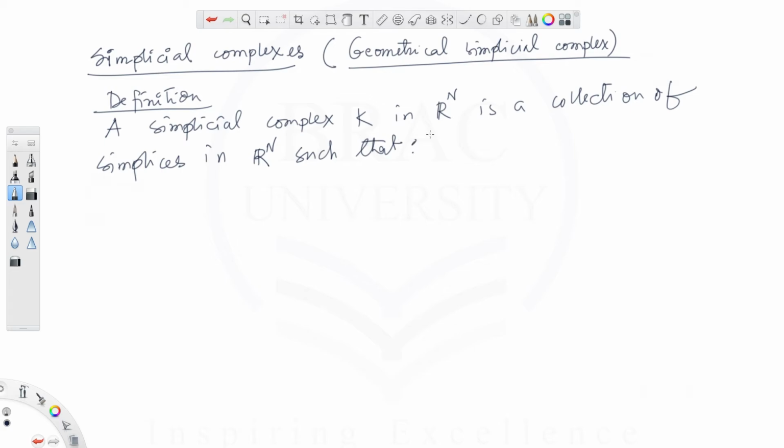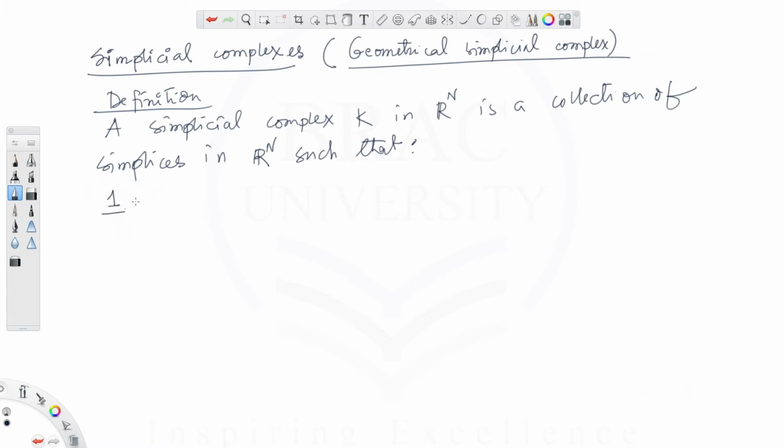You can't just take an arbitrary collection of simplices in R^d. It will not work. The collection has to fulfill a couple of properties. Here are the things that need to be satisfied so that we can call the collection of these simplices a simplicial complex.